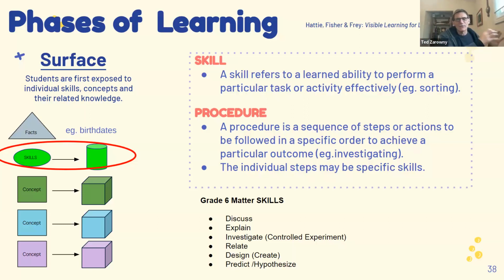So we want to make sure before we get going too far that at the surface level, they understand how to discuss things properly, what designing means. They understand what a hypothesis or prediction is, and they can make them and so on. They know what a controlled experiment is, what an investigation is, before we let them loose to use an investigation to demonstrate what they know.